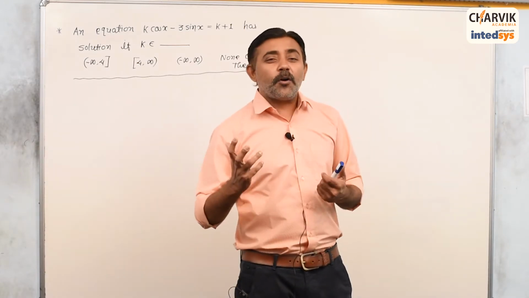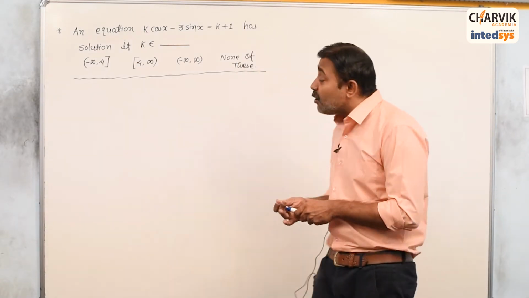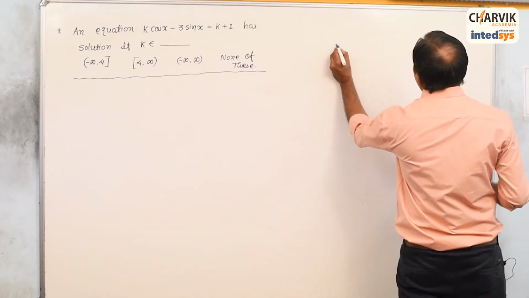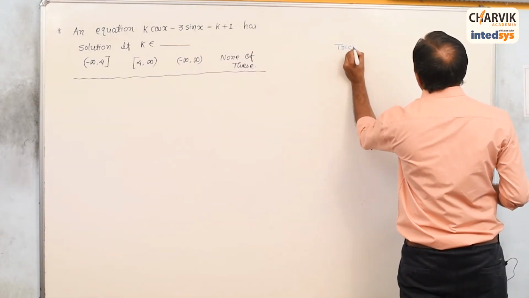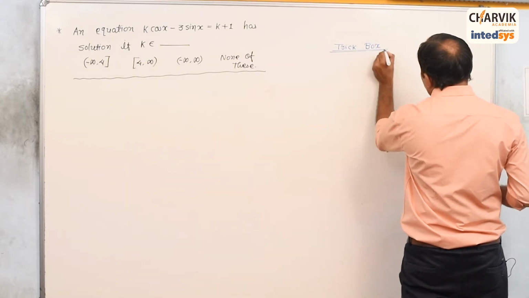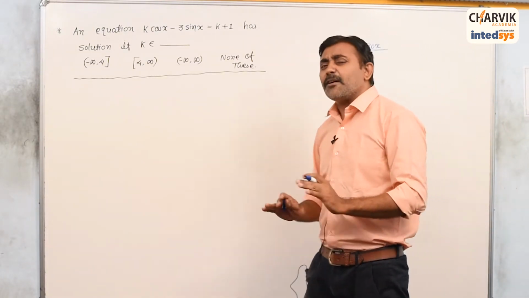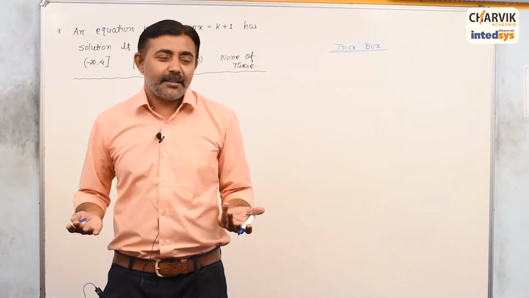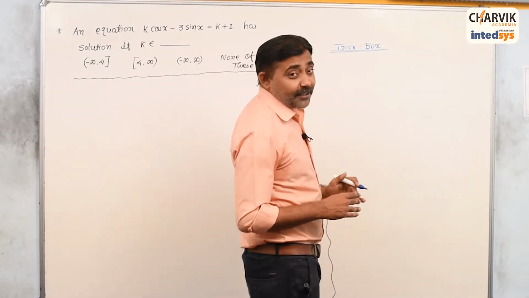That is the trick box in mathematics. We apply the trick box. See this trick box. This kind of trick box we may apply several times in mathematics. That is our method. Okay, what is the trick box here?